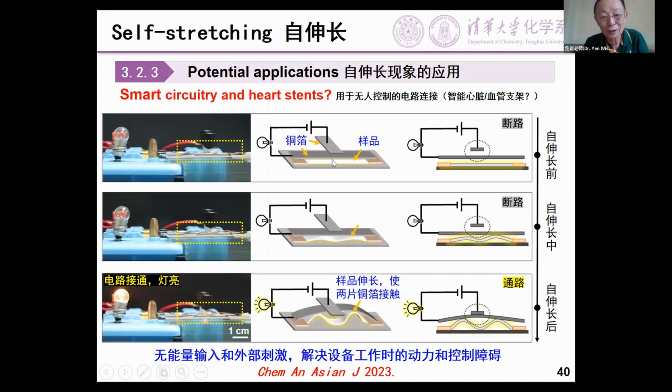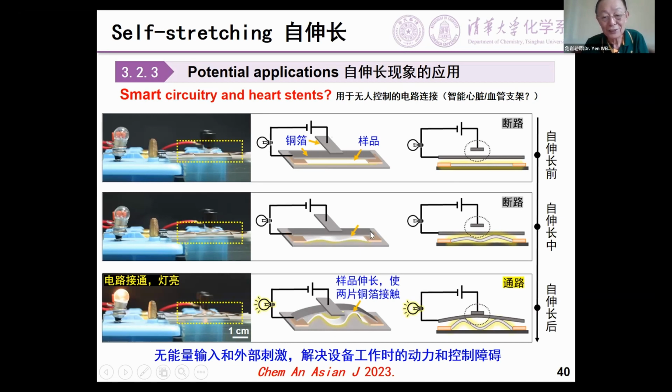remote controlled self-terminating circuitry. If I put a rubber band between two electrodes, right? And the rubber band is short enough, the conductivity of the electrode is still there. So the circuit is open, but after a while, the buckling happens.